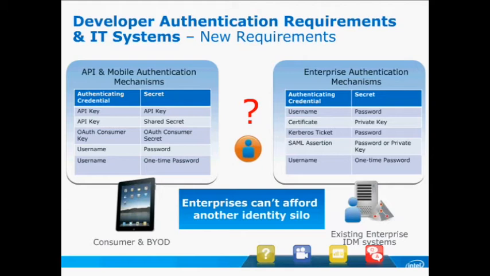We may be using social identity everywhere, and it may be the case that down the road we'll have enterprise systems that, instead of using LDAP, just use the same type of identity management system that's being used for mobile. But we're not there today, so that mapping needs to be created and needs to be maintained.